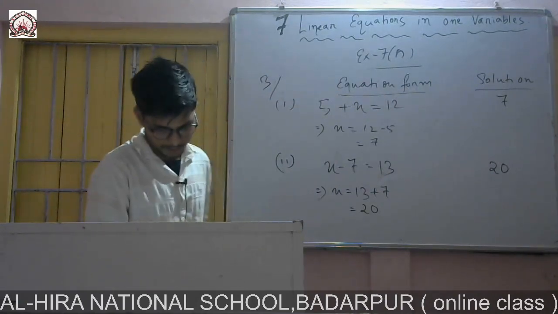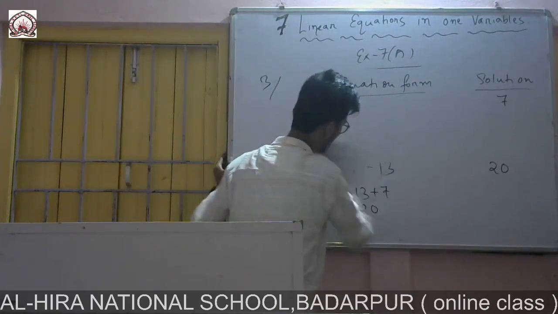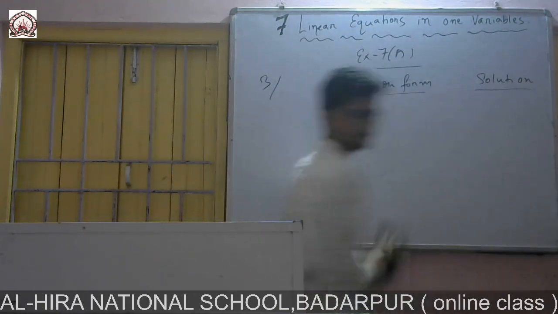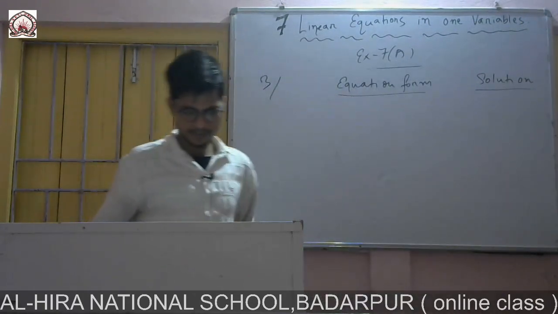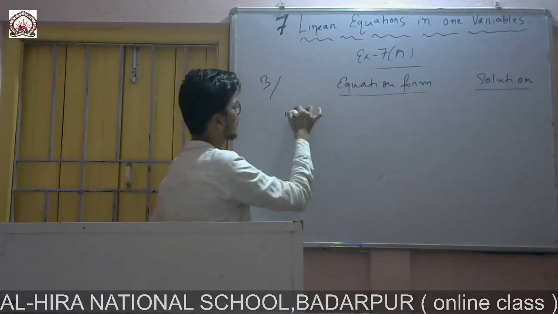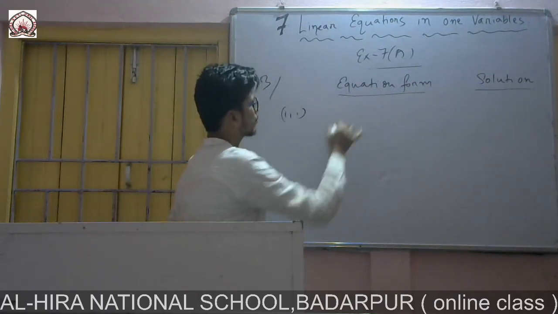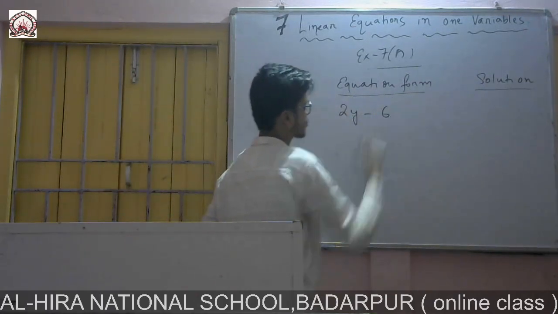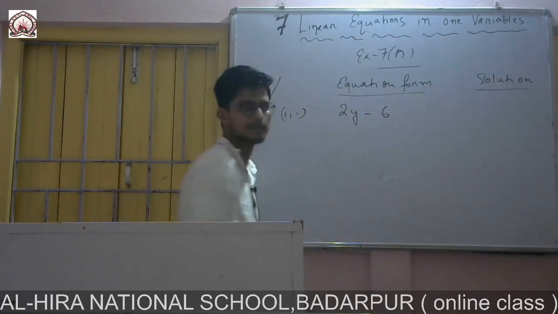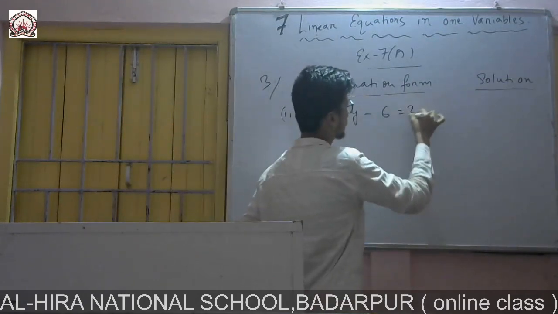Roman number 3 you see. Six less than 2 times y is 32. That means from 2 times y I have to subtract 6, which is equal to 32.